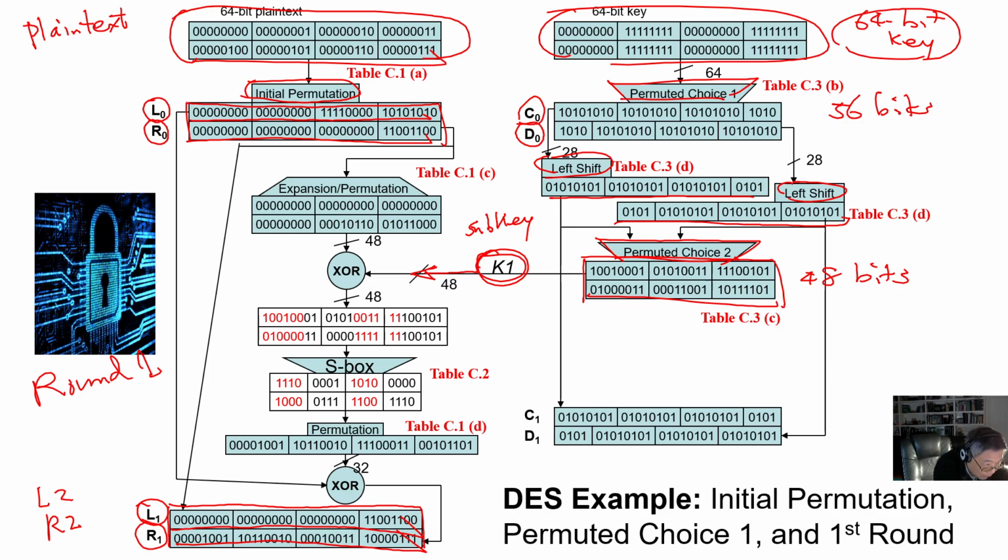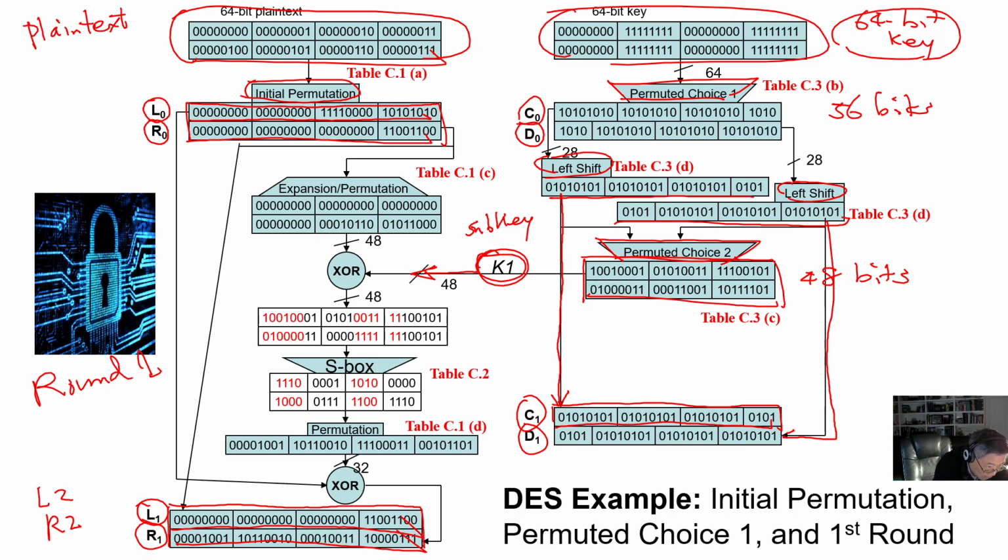Now, after the left shift, this also creates the left side C1, and then the left shift of D0 becomes the right side D1. Okay, now C1 and D1 will be used to generate the subkey K2.